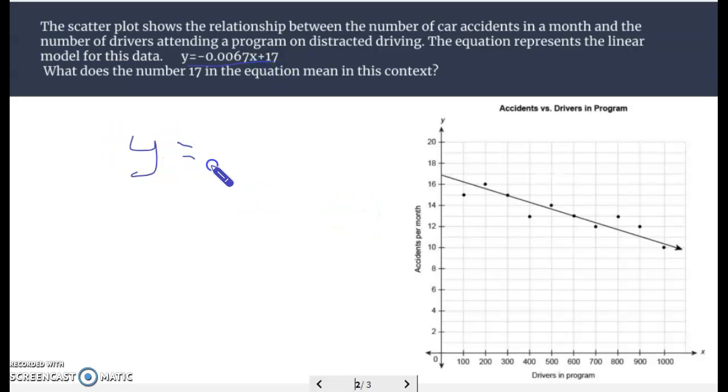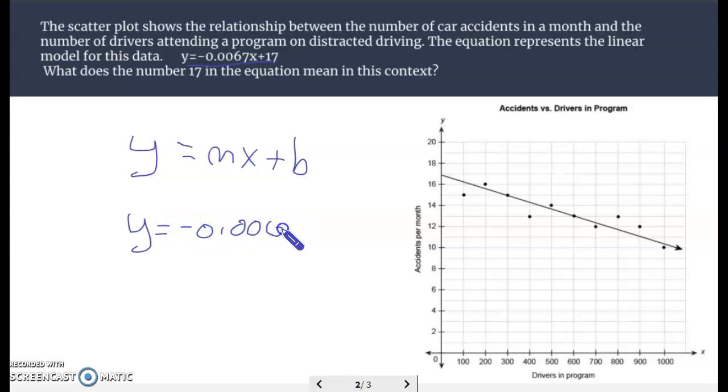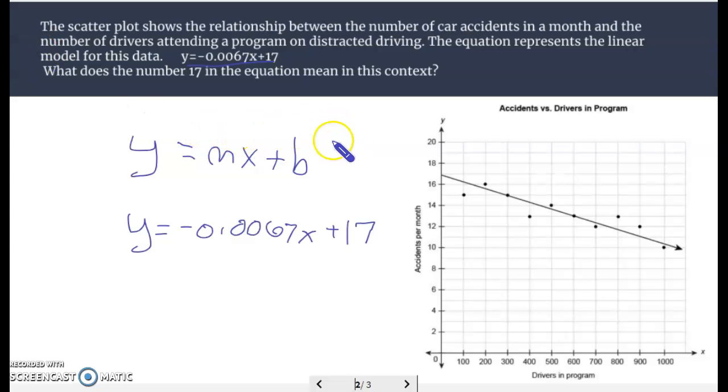Okay, so let's get our y equals mx plus b so we can compare those two. Y equals -0.0067x plus the 17. From a pure mathematical point of view, the 17 is the b, it's the y-intercept. We see that right here, don't we?